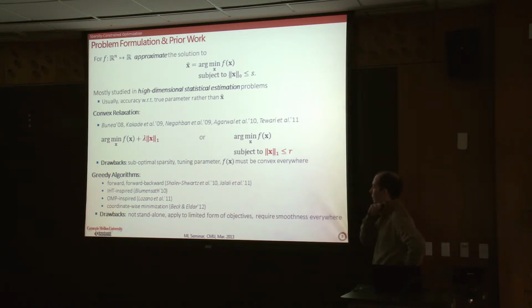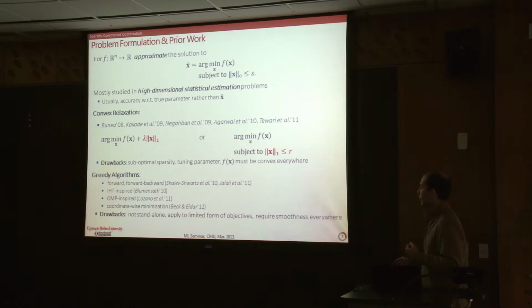Some of these have drawbacks. For example, some of them are not standalone. That is, you have to give the algorithm a vector, then the algorithm is going to sparsify that vector without increasing the objective function that much.